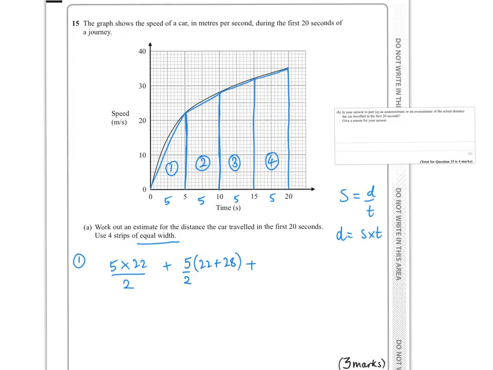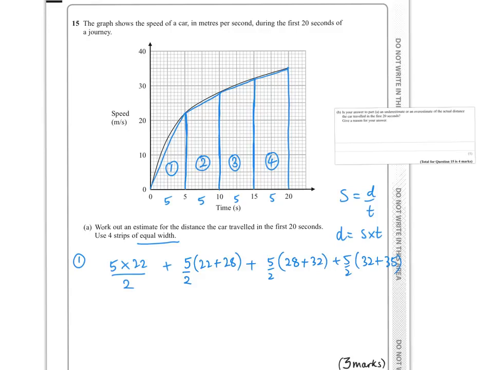And then I'm going to add it to the next one. So that's 5 over 2 lots of 28 plus this new one, which is 32, and then plus 5 over 2 lots of 32 plus this last one is 35.